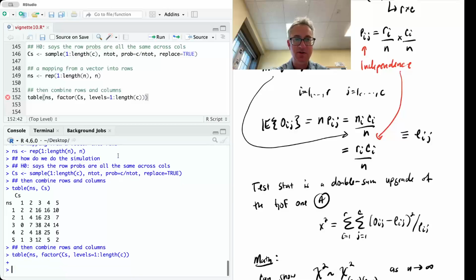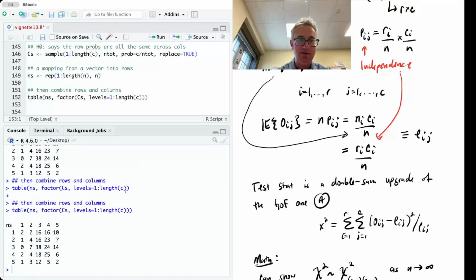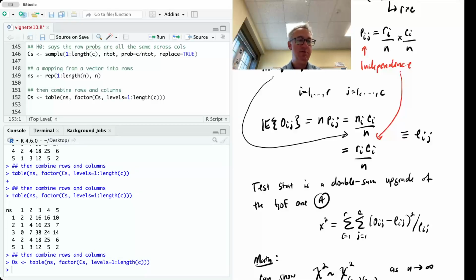That doesn't change anything in this case. It looks exactly the same, but if you ever get any warning that you're missing some categories in your sample, you can fix that by telling it what the levels of the factor are that you expect. Okay, so these would be our random observations. And now all we've got to do is put that in a for loop.